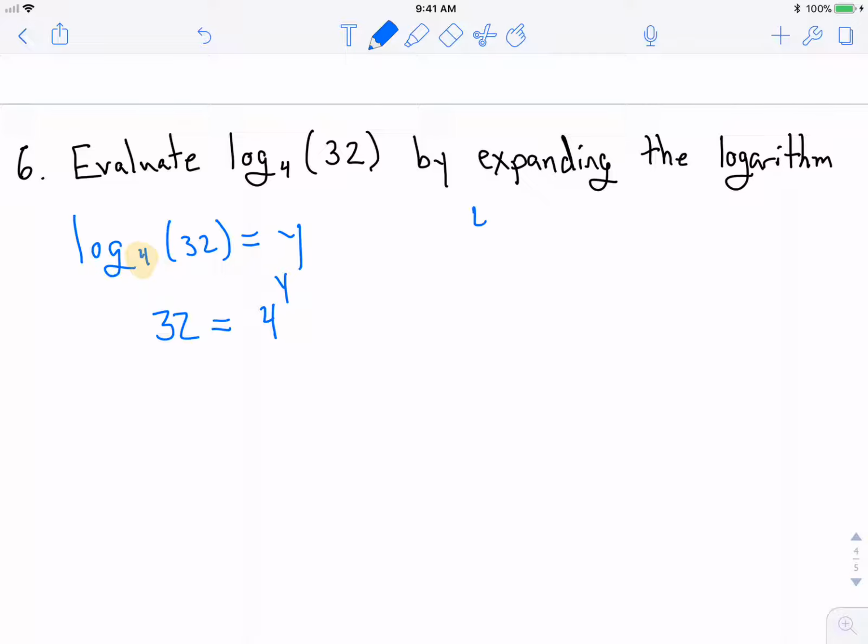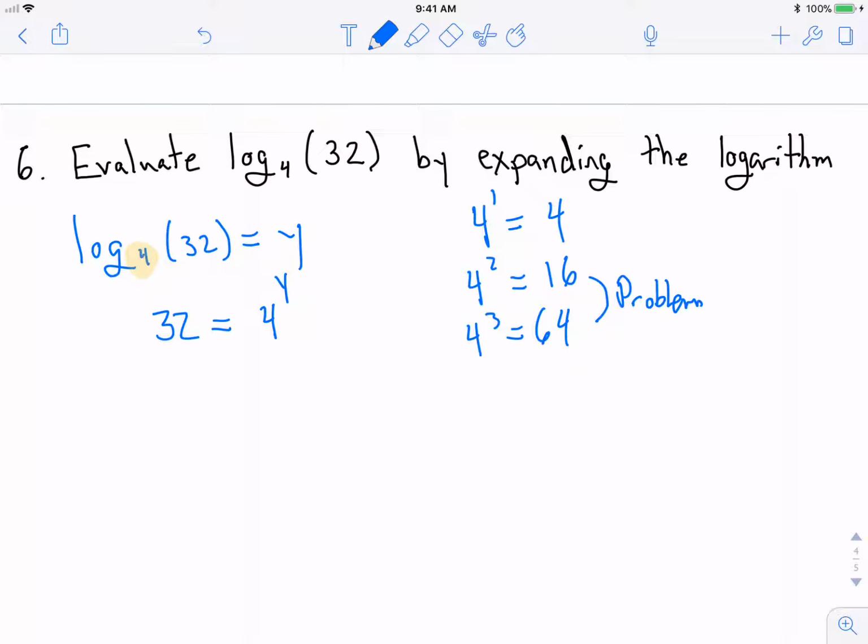And if we look at the powers of 4, 4 to the first power is 4, 4 squared is 16, 4 cubed is 64, and we have a problem. 32 is not a nice power of 4.